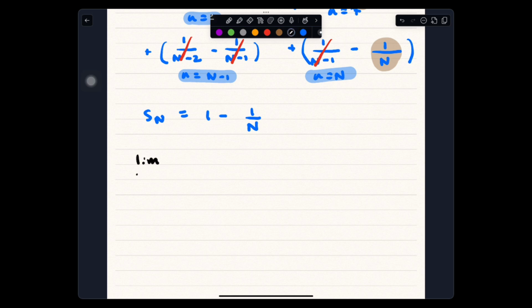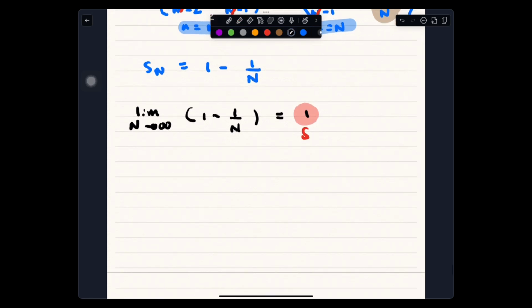We're going to look at the limit as n goes to infinity of the sequence of partial sums. And this n is now a capital N, by the way. We could have kept it lowercase, but I didn't want to confuse you on that first example. But what's this limit equal? Isn't that 1?